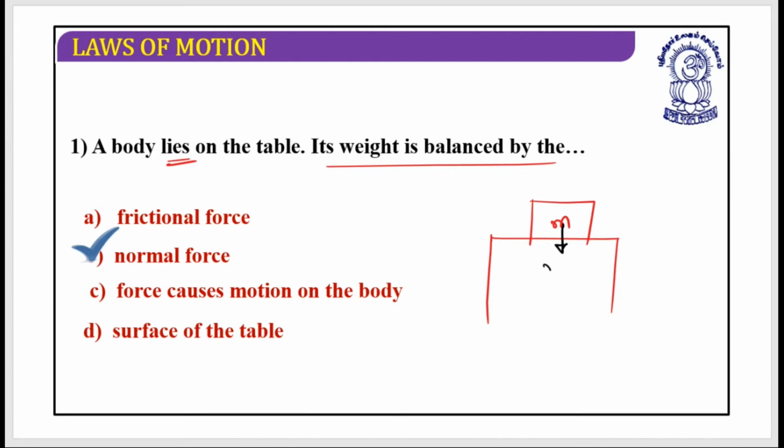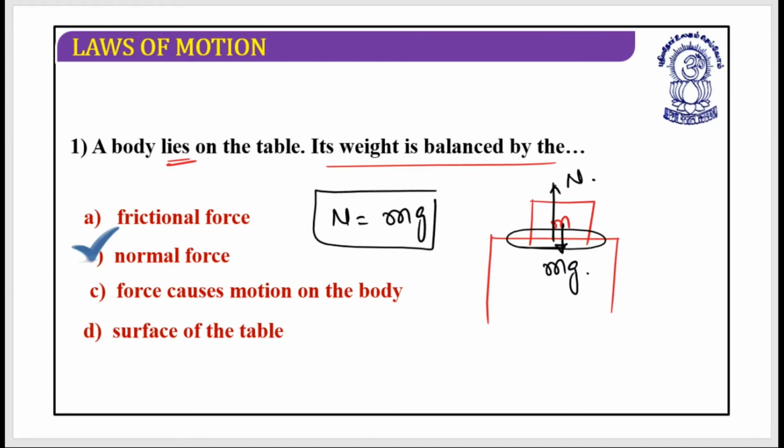One of the forces is mg. Another force: as you can see, these two are in contact. So when it is in contact, you need to apply a normal force which is perpendicular to the surface that is in contact. So this is N, this is mg, and we can say N equals mg, which balances each other. So its weight is balanced by the normal force. This would be the correct answer.